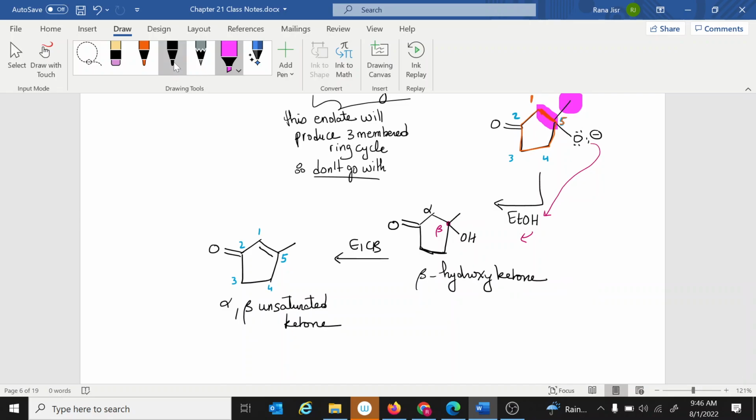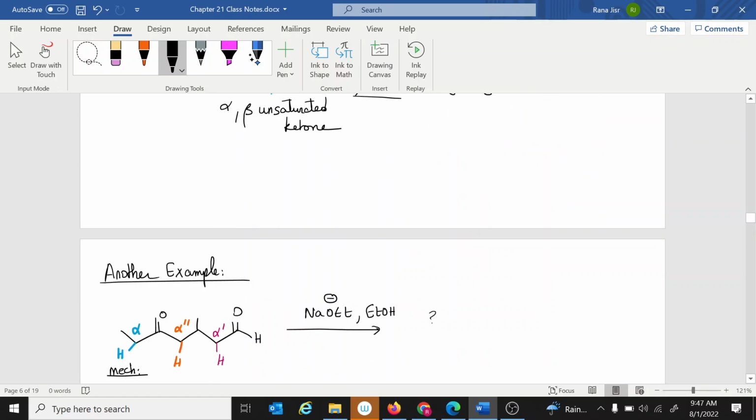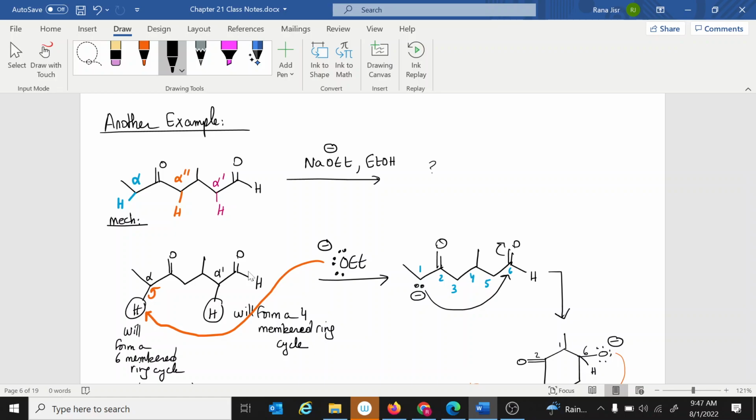Take out the alpha hydrogen, take out the beta OH, and you get the alpha beta unsaturated ketone. So you're always going to form the beta hydroxy ketone, do the E1CB with the aldol, and get the alpha beta unsaturated ketone.